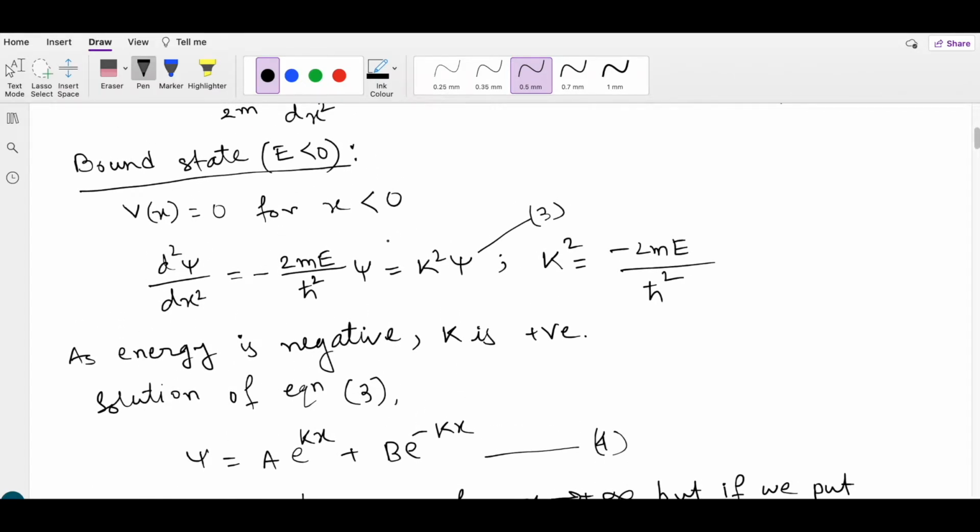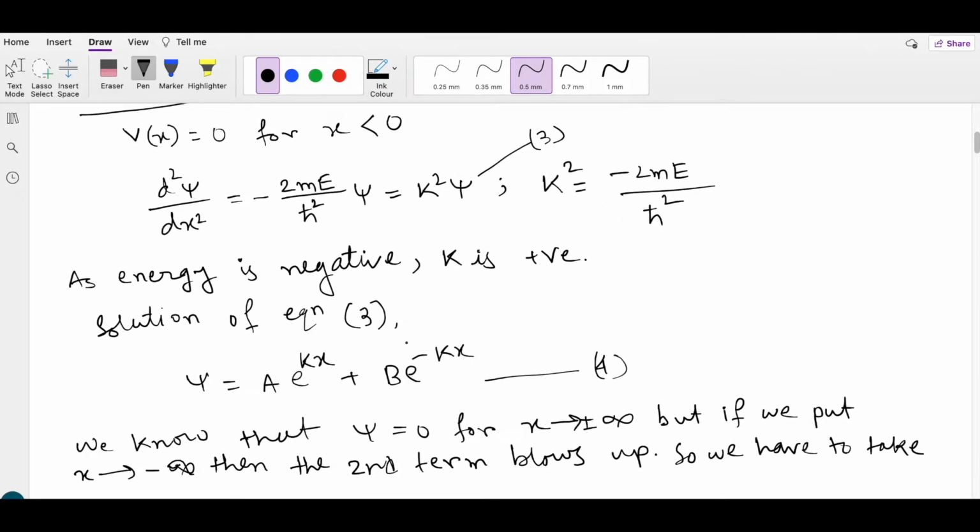So for x less than 0, we can write the Schrödinger equation as d²ψ/dx² = -2mE/ħ² ψ, and I am writing this as k²ψ, where k² = -2mE/ħ². Here the energy is negative, so k² is positive. k is a positive constant. So the solution of equation 3 is ψ = A e^(kx) + B e^(-kx).